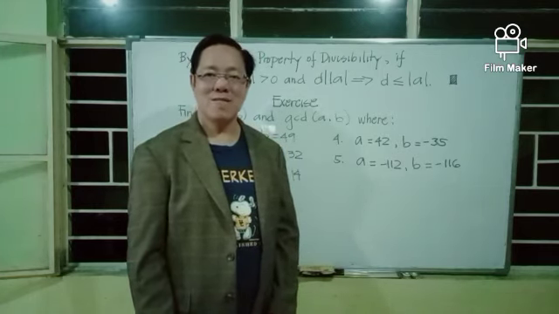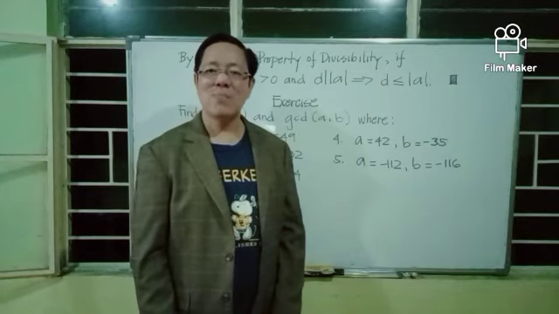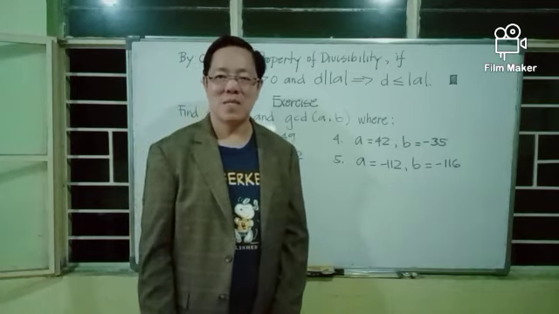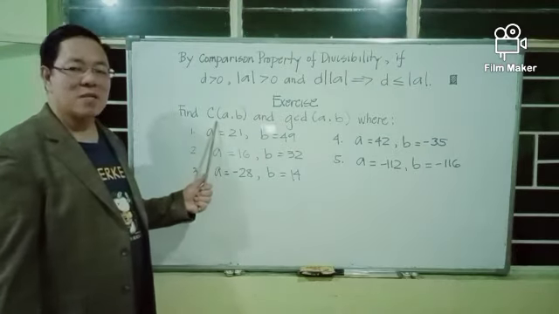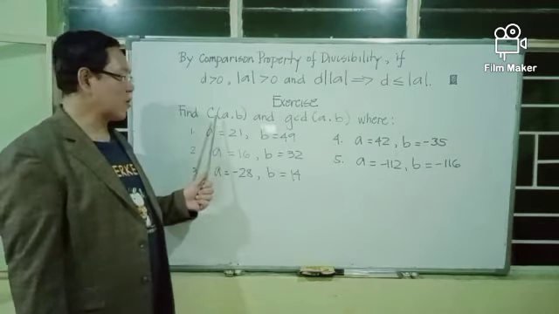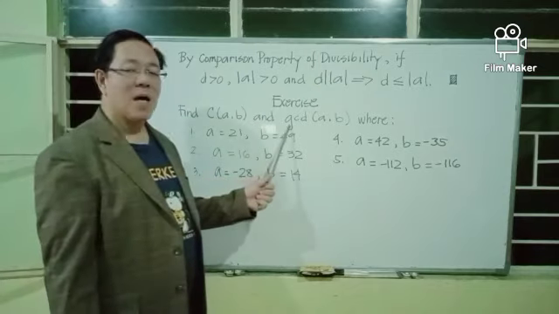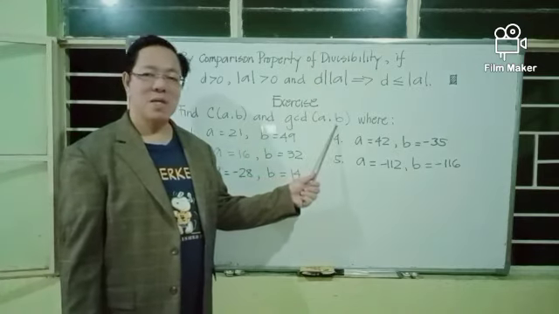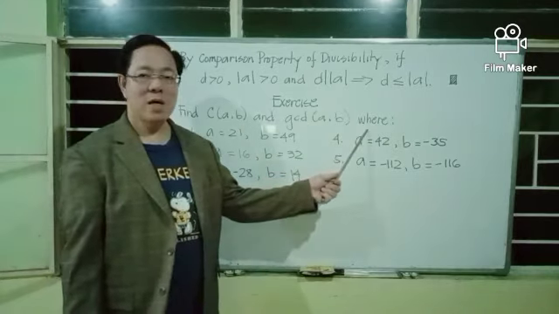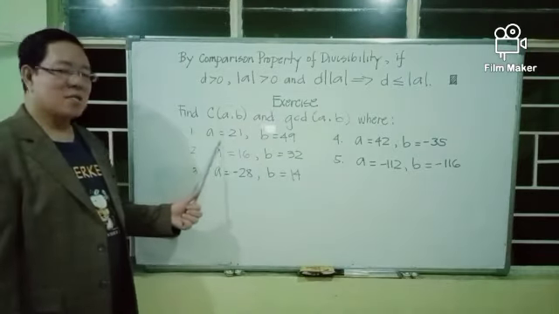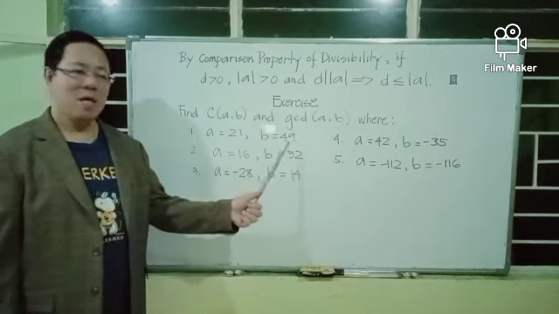Now for your exercise, please try the following problems. Find C of A, B, the set of all common divisors of A and B, and find GCD of A, B, the greatest common divisor of A and B, where number 1, A is 21, B is 49.